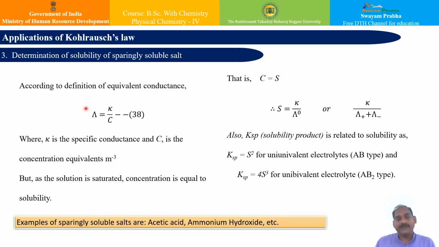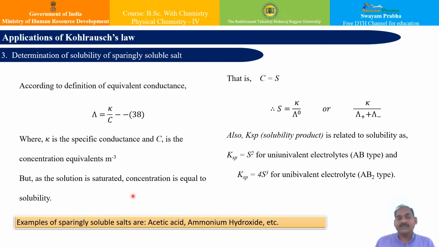Now according to the definition of equivalent conductance, the equivalent conductance is equal to the specific conductance upon the concentration. Here kappa is the specific conductance and C is the concentration in equivalents per meter cube.